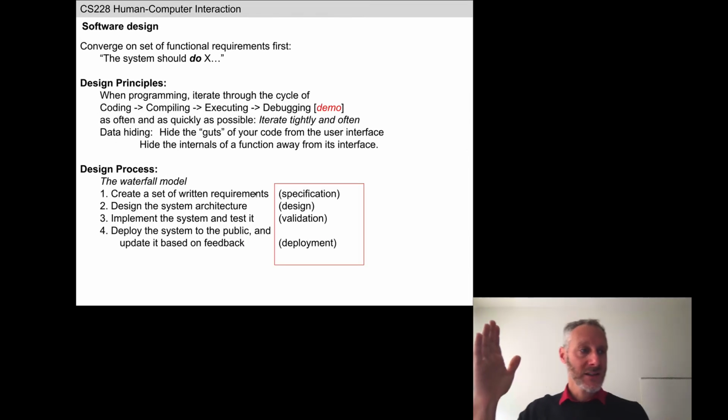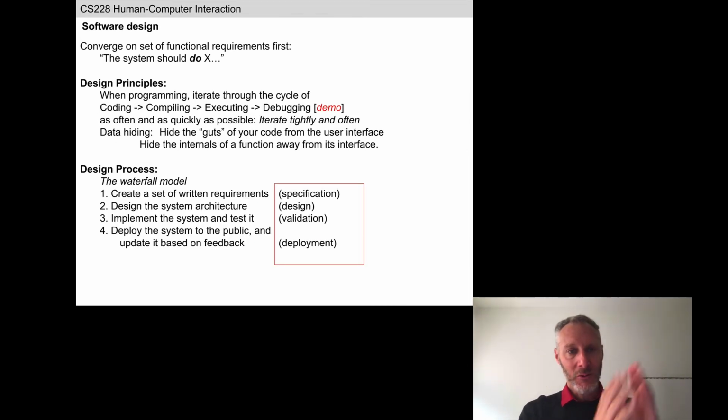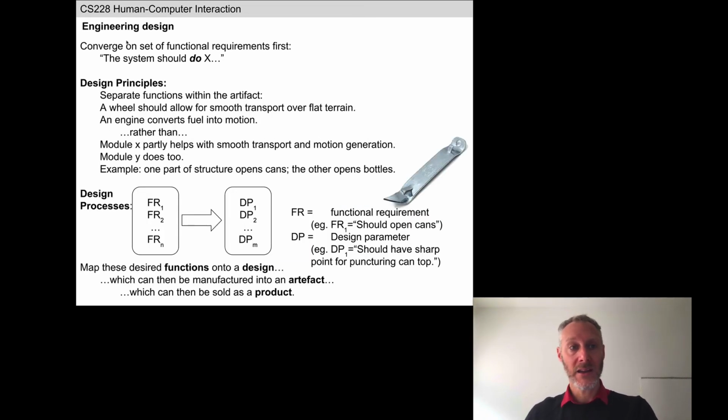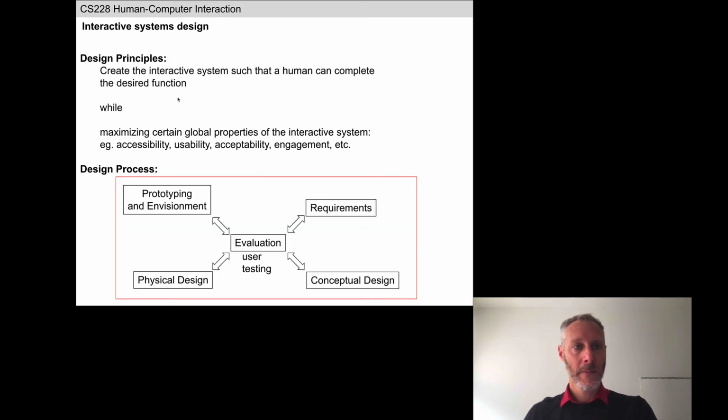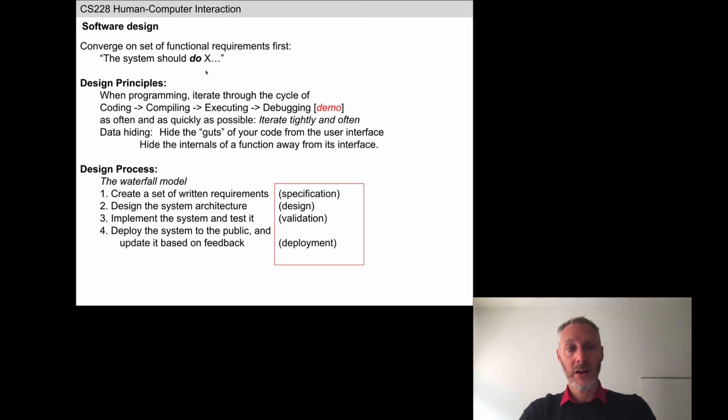Okay, so let's go now from engineering to software engineering, again getting very close to HCI. Like in engineering in general, in software engineering we usually want to try and boil down the needs of our demographic into a set of written requirements.